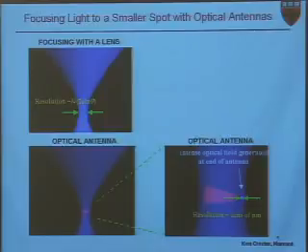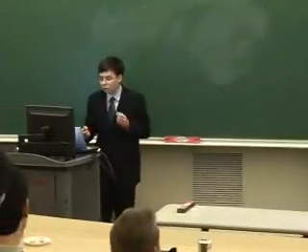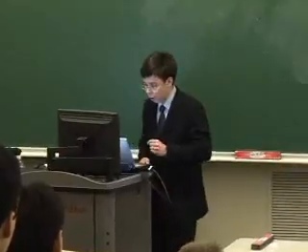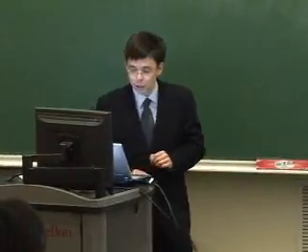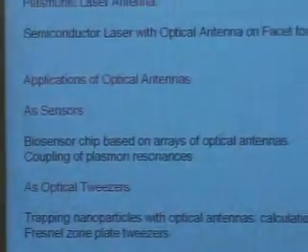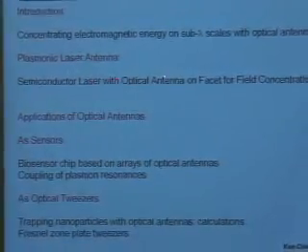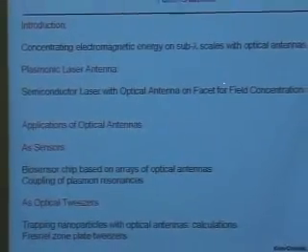And the idea is that we can then use those confined fields to make new types of microscopes, do ultra-sensitive spectroscopy, and potentially even manipulate very small particles. So today I'll be talking about this concept, and I'll be talking about a relatively recent device called a plasmonic laser antenna, consisting of a semiconductor laser with an optical antenna fabricated on the facet.